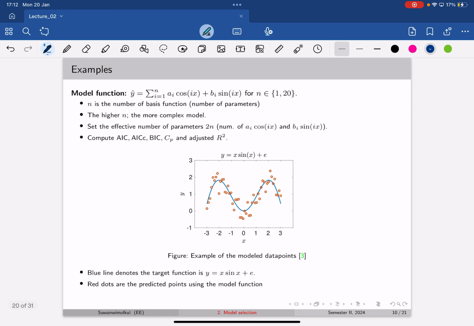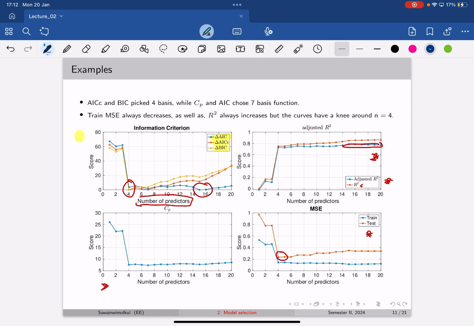In detail, okay, I will just give you this example. Here they show the result of computing these scores versus the number of predictors, which is n in our case, that is like the number of parameters in our case.